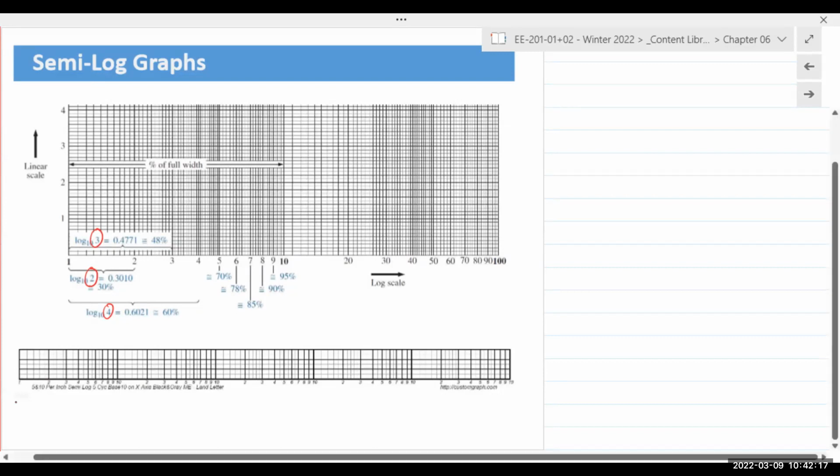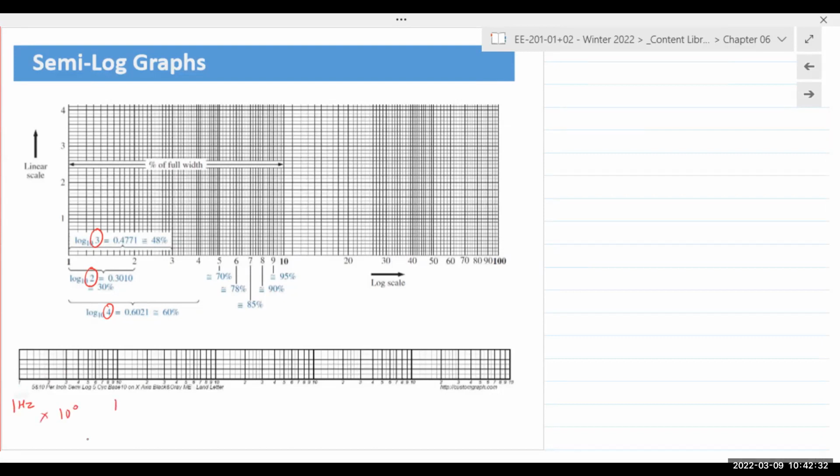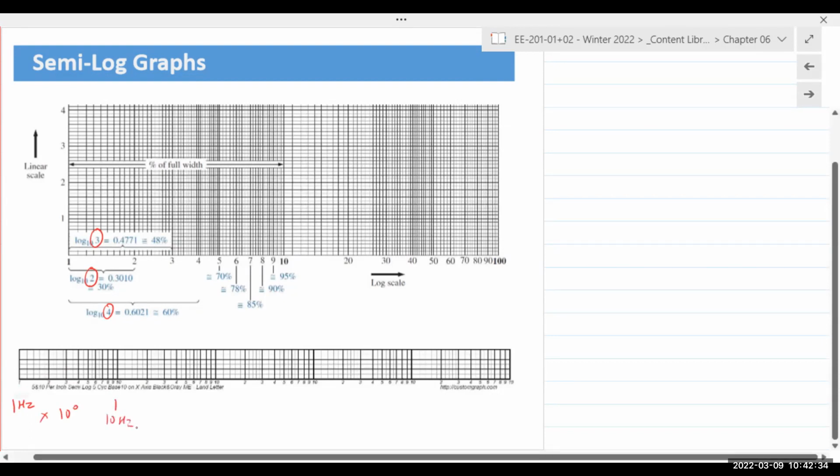So here, if I start off with 1 hertz, the first decade is the units or the numbers multiplied by 10 raised to 0. And you get to 10 hertz. Then the multiplier is now 10 raised to 1: 10, 20, 30, 40, 50, 60, 200, 100 hertz.